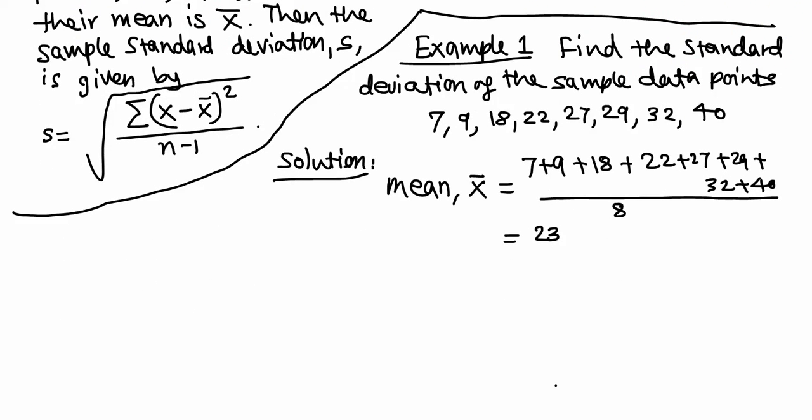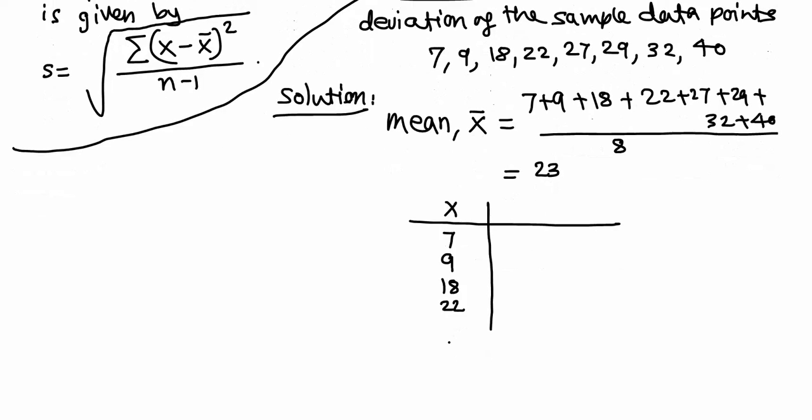Now next we want to find the standard deviation. I would like to draw a table and calculate it. So x, that's the given data set points, so we have 7, 9, 18, 22, then 27, 29, 32, 40.